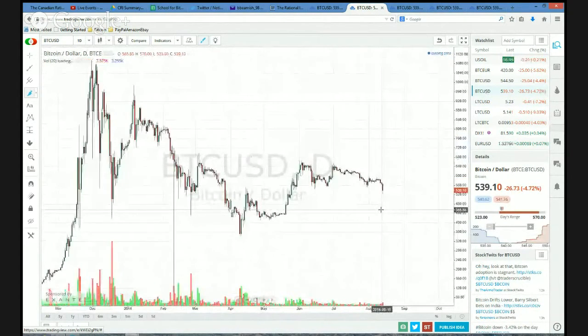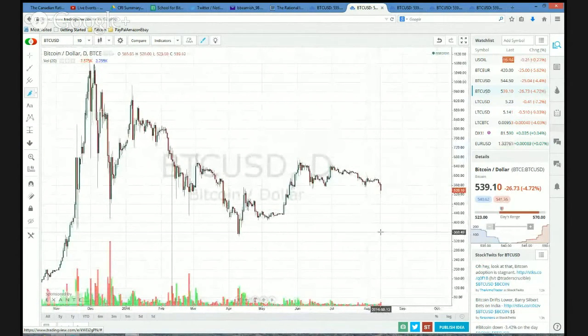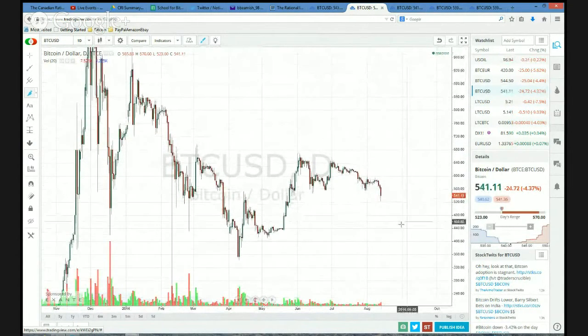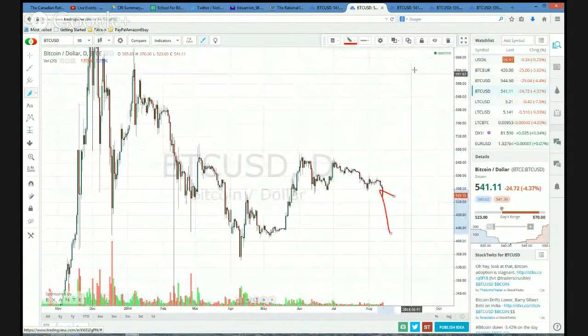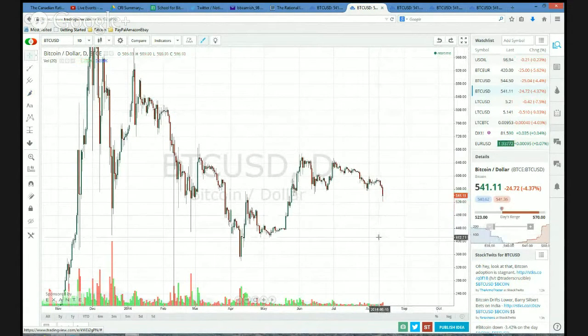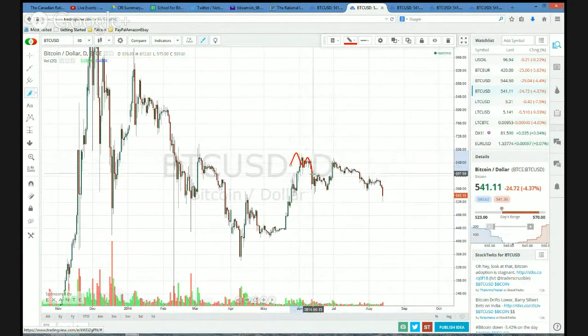So just looking at the clean price chart here, I think it should be pretty obvious, regardless of indicators, regardless of Fibonacci's. Let's get rid of that. What's going on here? There we go. All I see is, we had this beautiful top right up in this resistance area, then another.